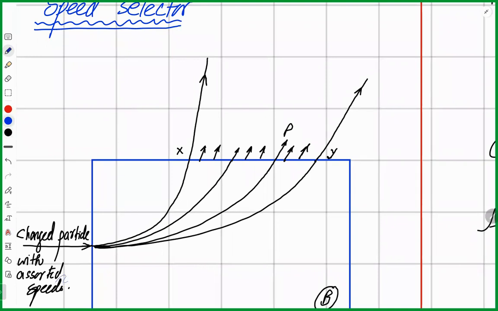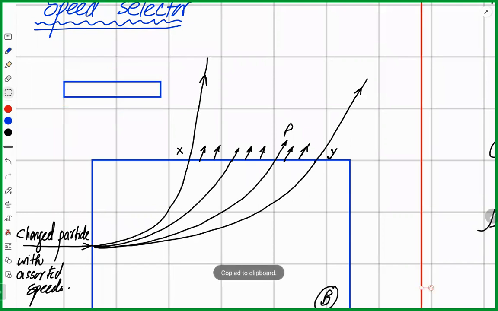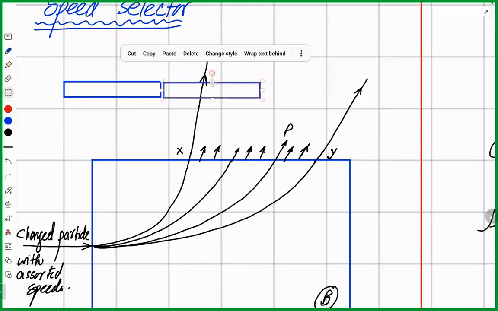And how can we put this into good use? We can prepare two gates, or two barriers actually, and we can place them like this. Just one second.